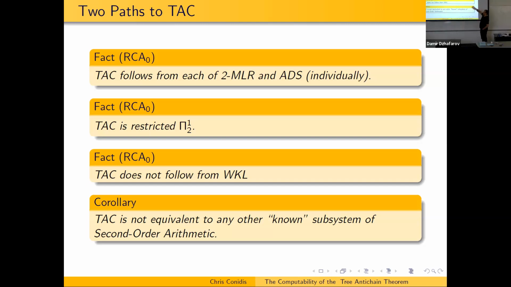And because of these 3 facts, especially the first one and the third one, this tree antichain theorem is not equivalent to any other known subsystem of second order arithmetic. Right, so in terms of that zoo picture that Richard was talking about yesterday in his talk, this is a unique contribution to the zoo.